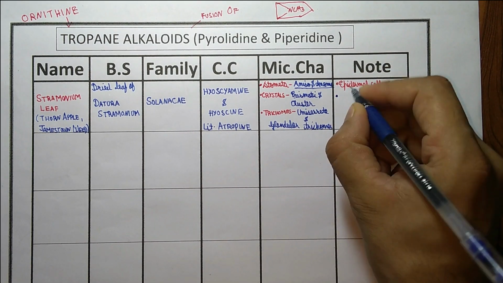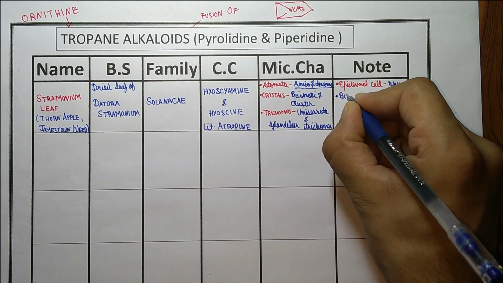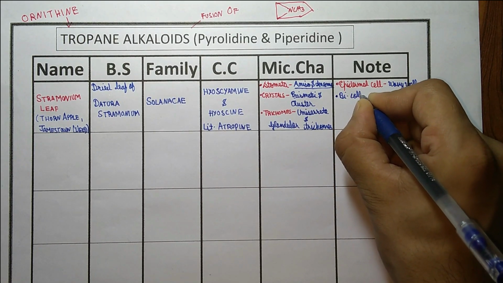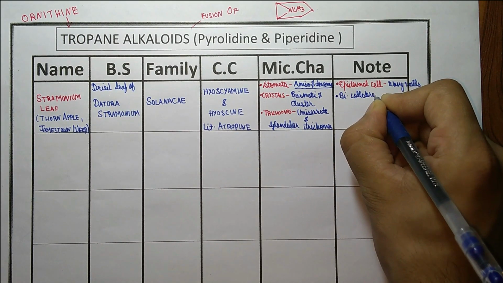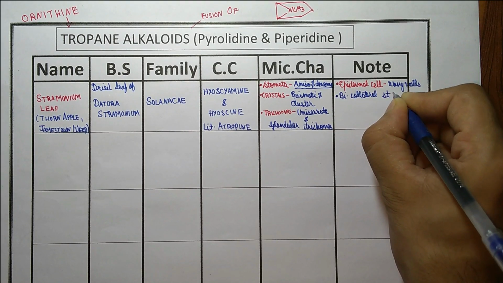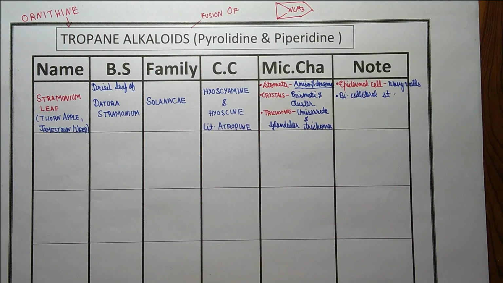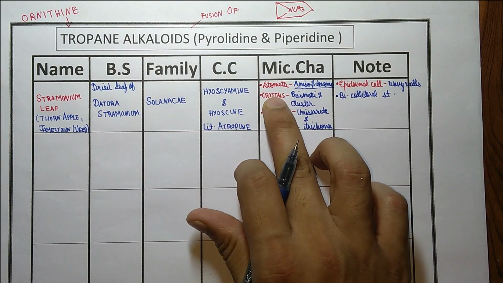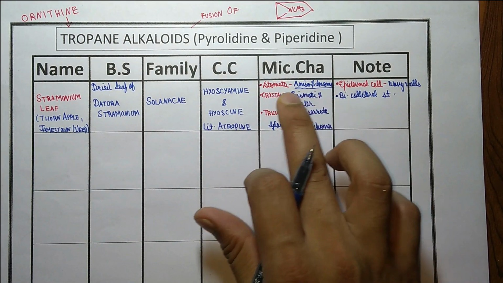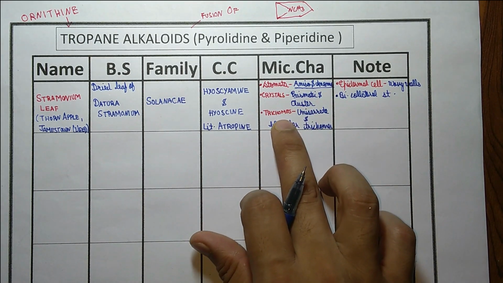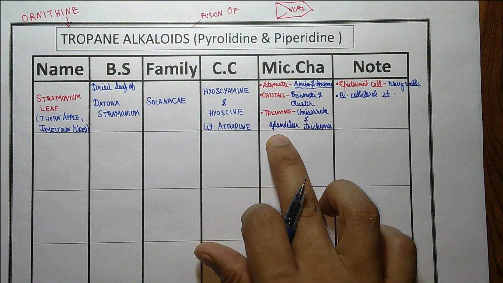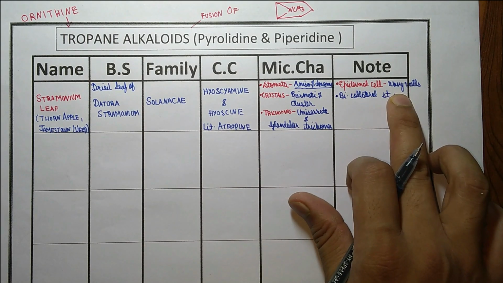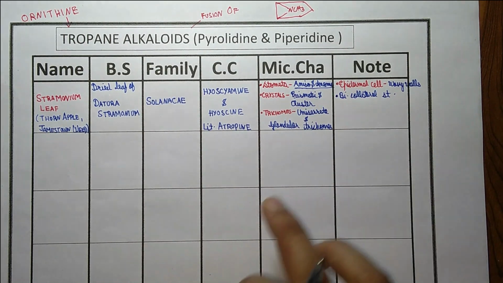Students, just note down: bicollateral structure. So the microscopical characters are: stomata anisocytic and anomocytic, crystals prismatic and cluster, trichomes uniseriate and glandular, and epidermal cells with wavy walls and a bicollateral structure.